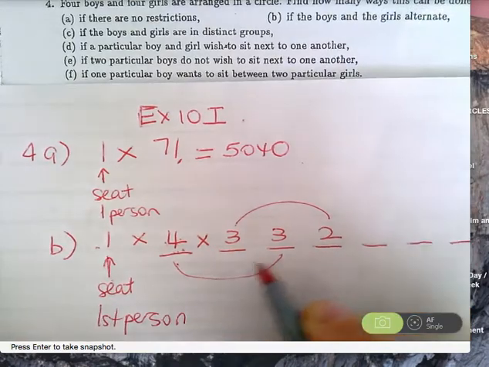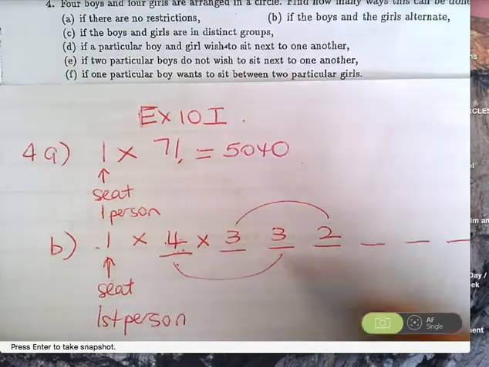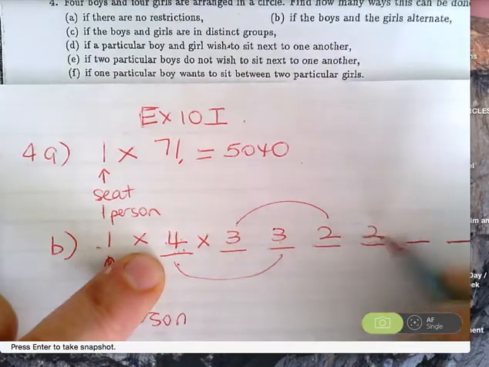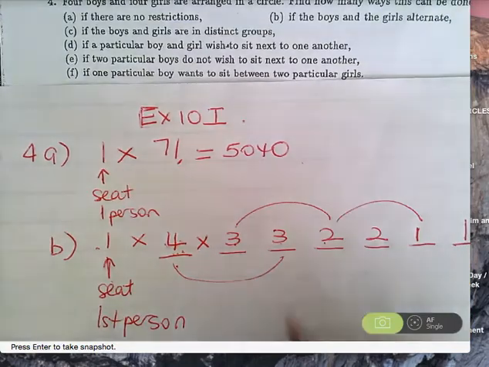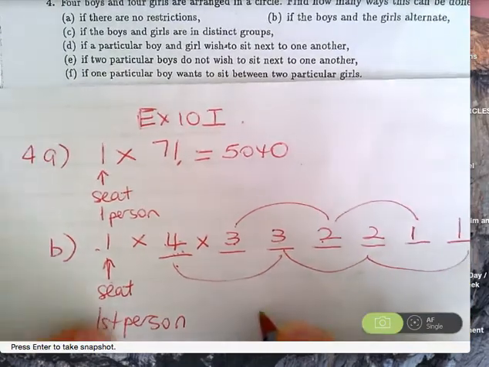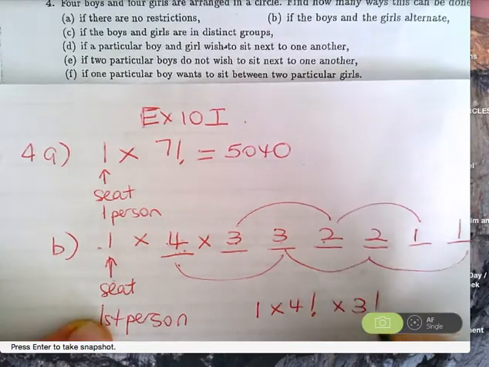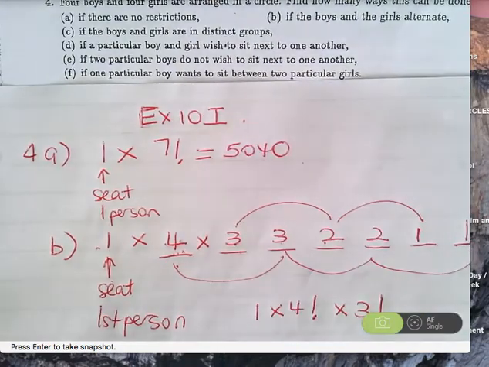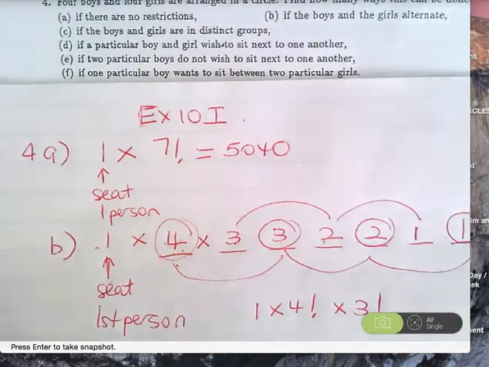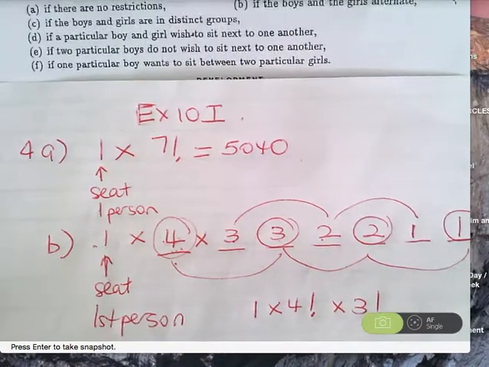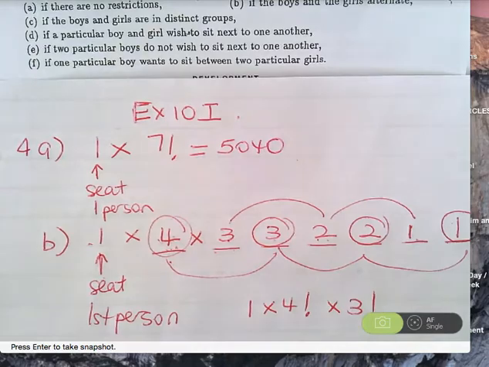Do you get it? So it's going to be 1 times 4 factorial times 3 factorial. So we've got 4, 3, 2, 1, and then we've got 3, 2, 1. Look, 4, 3, 2, 1, that's your 4 factorial, got it? And there's your 3 factorial underlined.